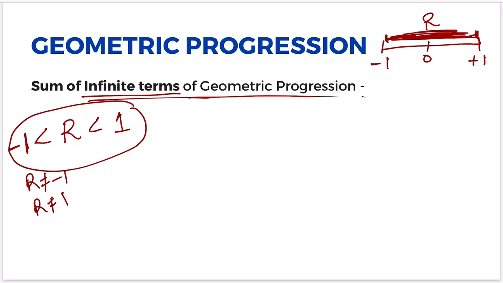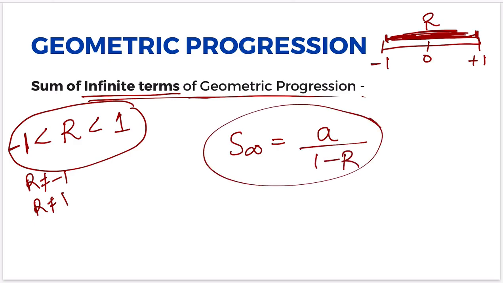If this is the case, the formula for the sum of infinite terms is a upon 1 minus r. Please note it down. But the common ratio has to be greater than minus 1 and less than 1.